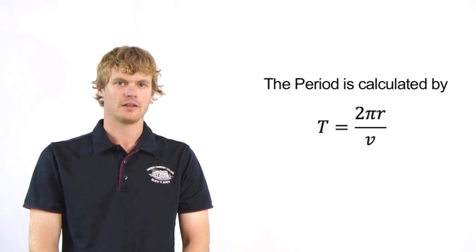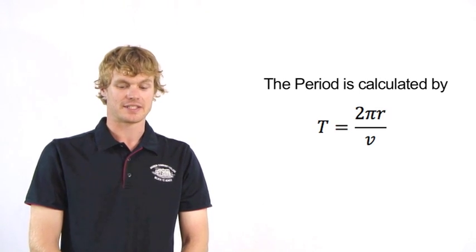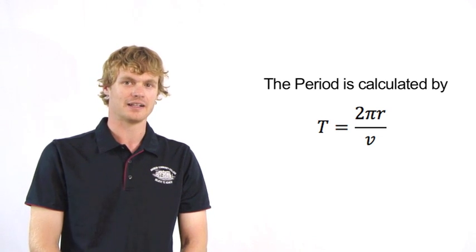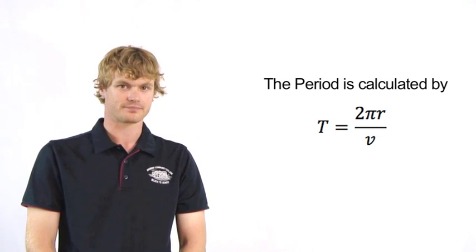Now, there is one more thing I'm going to talk about in this video, and that is the period. The period is the time taken for an object to do one full rotation of this uniform circular motion. The formula for the period is T equals 2 pi r divided by v.